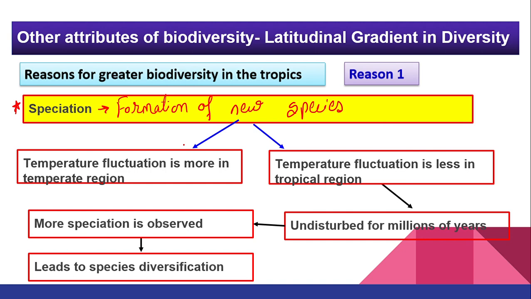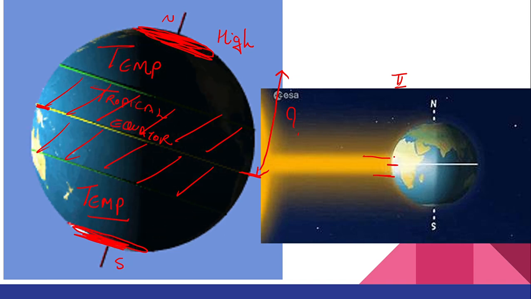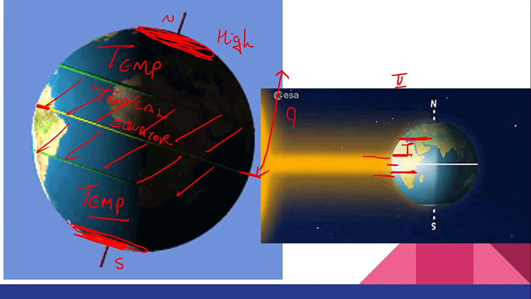Right? Now see here what happened, class. Temperature fluctuation is more in temperate region, but temperature fluctuation is less in tropical region. Let me show you over here. So here, see, you have tropical region until here, then you have temperate region.